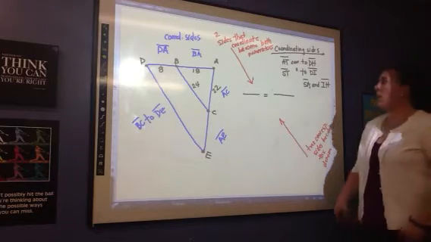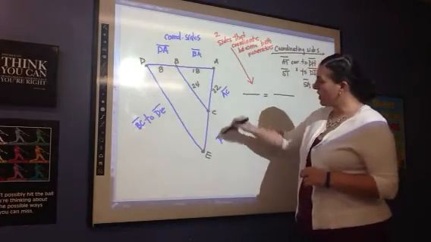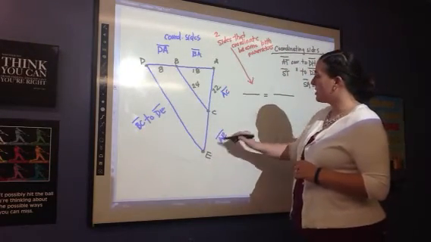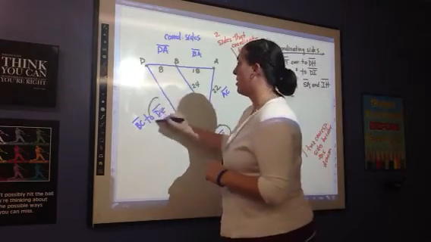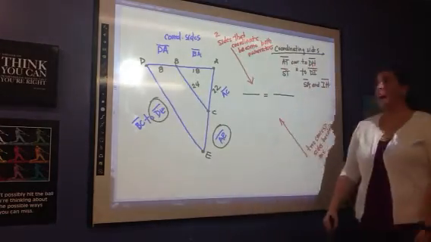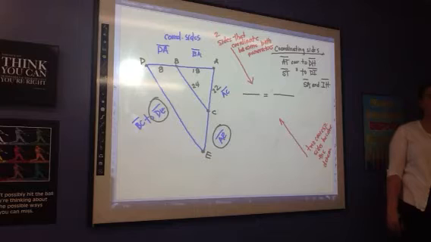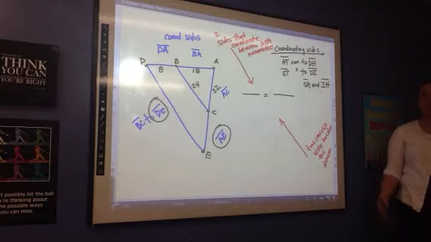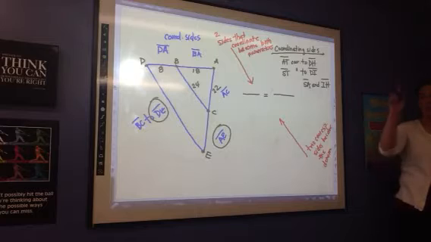So let's talk about where we're going to start. This piece right here, what is this? AE is unknown and DE is unknown. Okay? How many unknowns can you solve for at one time? 1. That's it. So what you first have to do is say, what do I know? And then find something where you only have one unknown in the corresponding pair.